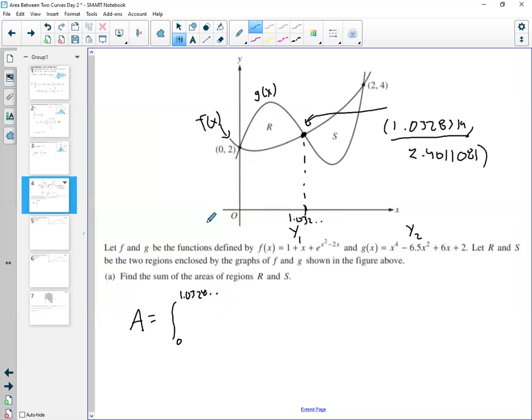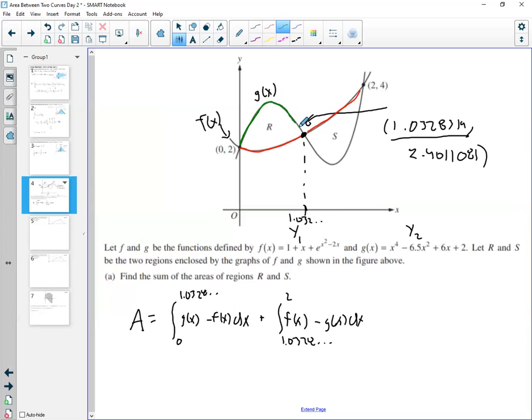Then we're going to do top minus bottom, which here is going to be g of x minus f of x dx, plus the integral from 1.0328 to 2, which is where they intersect again, of f of x minus g of x dx. The trick is that f of x is on the bottom here and on the top here. So you have to switch the order of the things in your integral in order to get the right area.